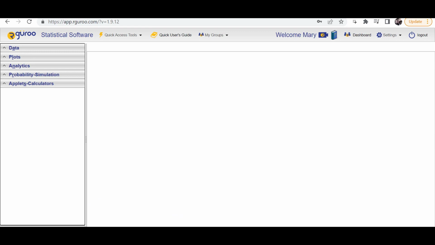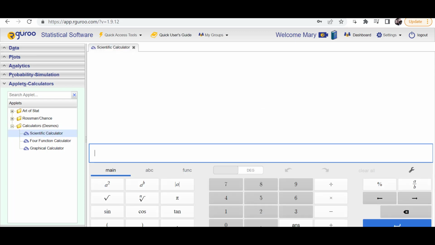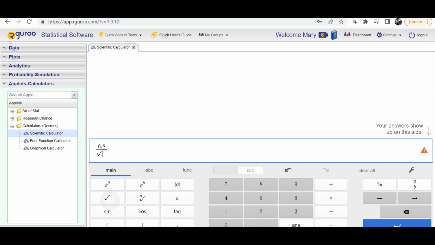On Rguroo, if you click on Applets and Calculators at the bottom, and then Maximize Calculators, you can either do the scientific, the full functional, or the graphical. I'm just going to click on the first one, and then I just type in 6.8, which was the standard deviation, divided by, and then click the square root sign, and then, what was it, 64? And you get 0.85. So that's where that came from.